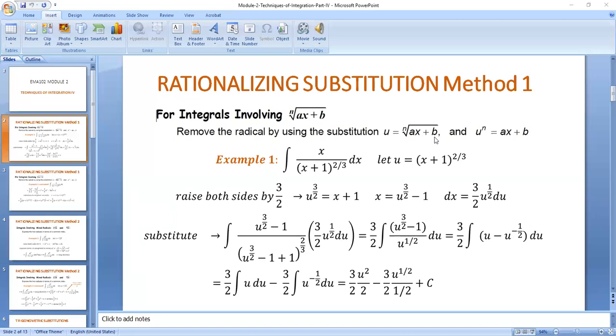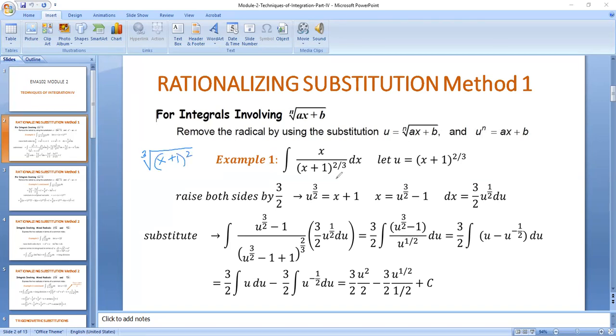Okay, so to illustrate how it's done, you have your example 1. You have the integral of x over x, quantity x plus 1 raised to 2/3 dx. Now this expression, quantity x plus 1 raised to 2/3, if written in nth root form, would be something like this: the cube root of x plus 1 squared.